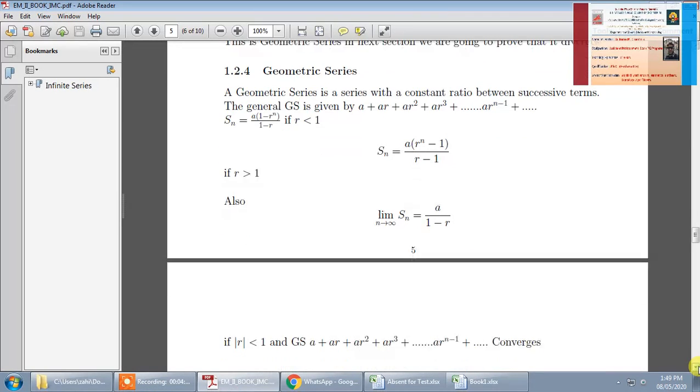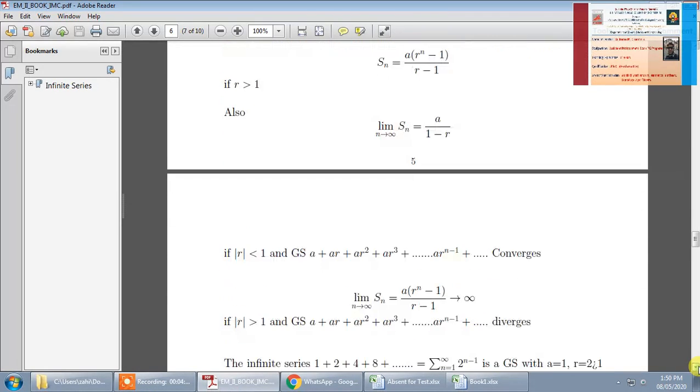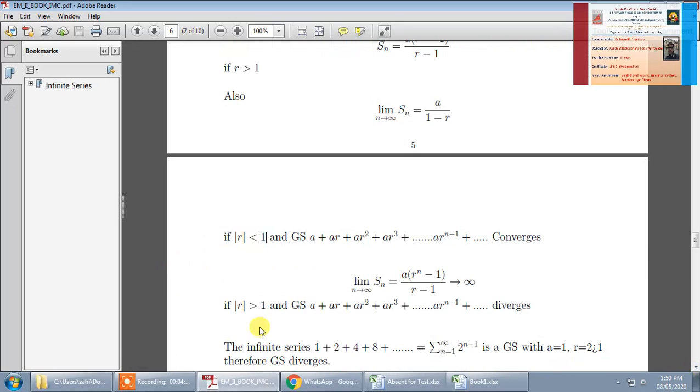What is the meaning of mod r less than 1? The r value is between minus 1 and plus 1.